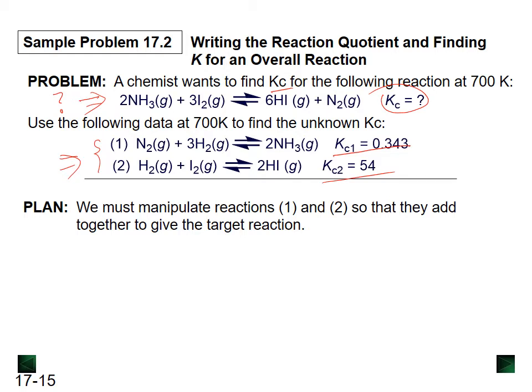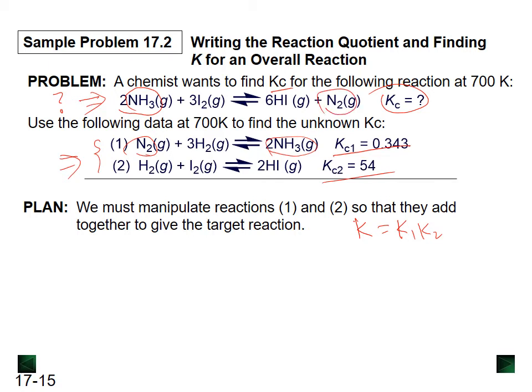Because if we can do that, from the last slide, the equilibrium constant for the new reaction will be the product of the individual reactions' constants. Now let's compare the known reactions and the unknown reaction. For the unknown reaction, ammonia is a reactant, but in the first reaction, ammonia is a product. Also, nitrogen is a reactant in the first reaction, but in the unknown reaction, nitrogen is a product.